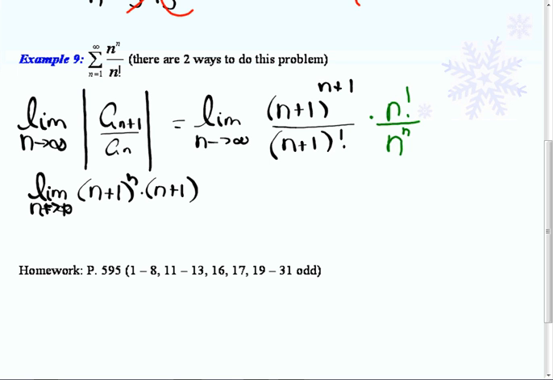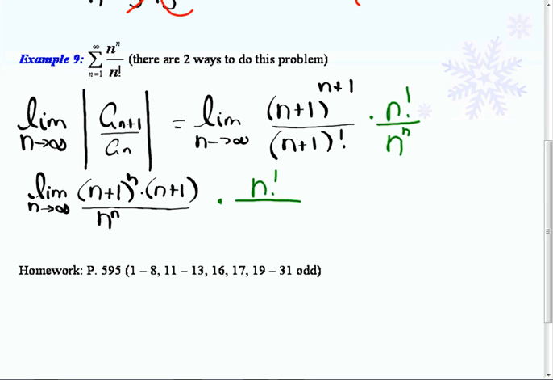Do you believe that n plus 1 to the n plus 1 is this? And then what's similar to that? It'd be this n to the n. So let's put the n to the n here. And then times n factorial, which is just n factorial.